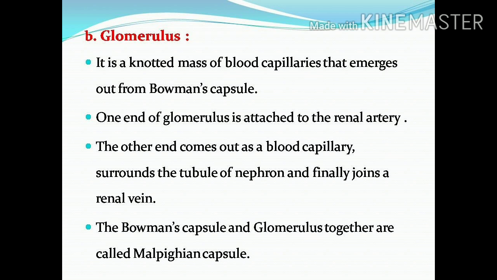That mass of blood capillaries present in the cup-shaped Bowman's capsule is called the glomerulus. These capillaries come out from the Bowman's capsule in the form of the efferent arteriole. This again divides, forms blood capillaries and surrounds the next part of the nephron. And finally, these capillaries rejoin and form the renal vein.